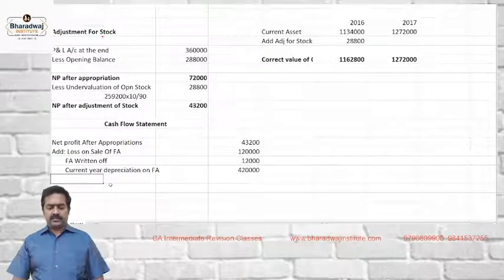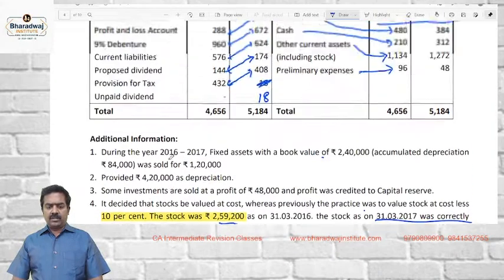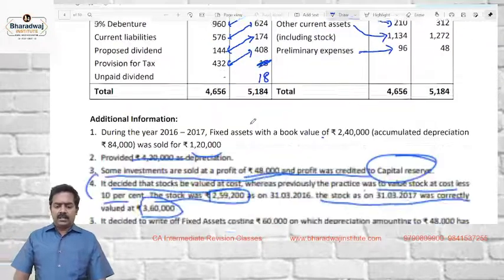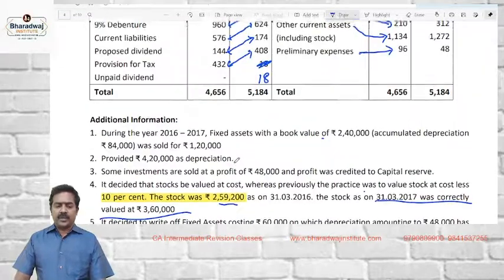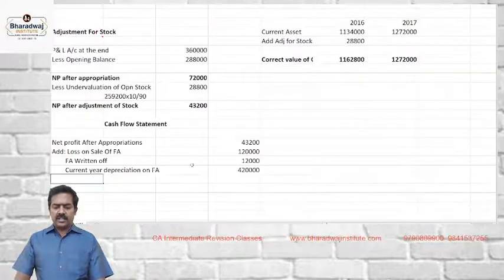Then, come to the debentures. Look at debentures were redeemed at what? 105. Look at the debentures value, opening balance 960, closing balance 672. What is the debentures redeemed?